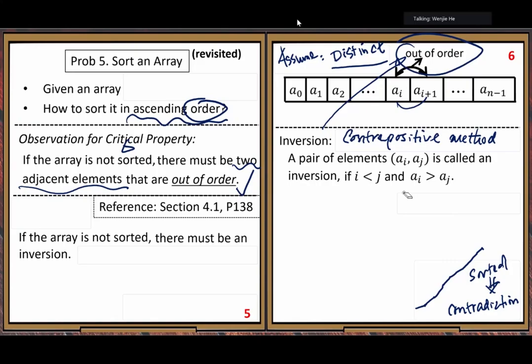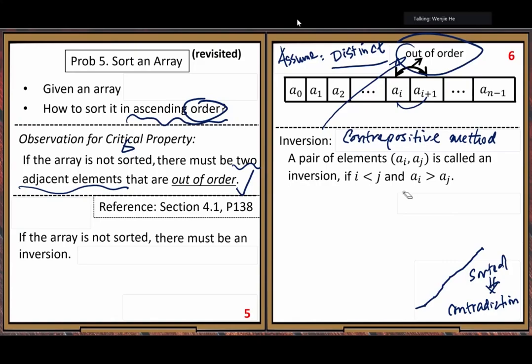That means two adjacent elements, and those two elements form an inversion. The second statement is equivalent, but the meaning is different.